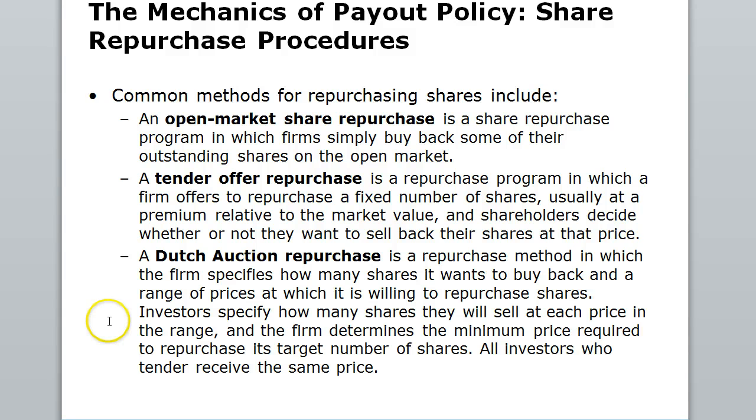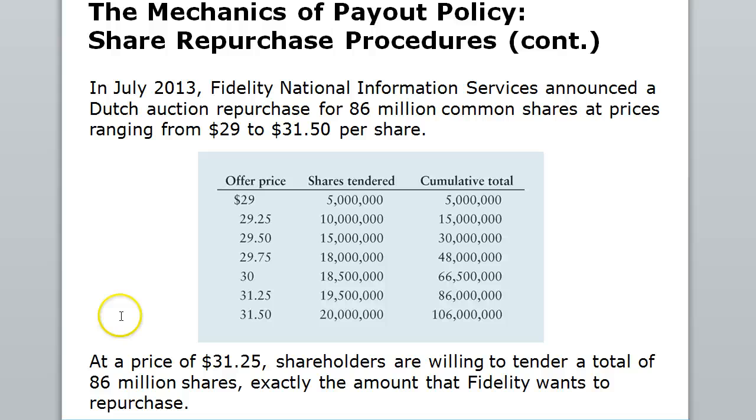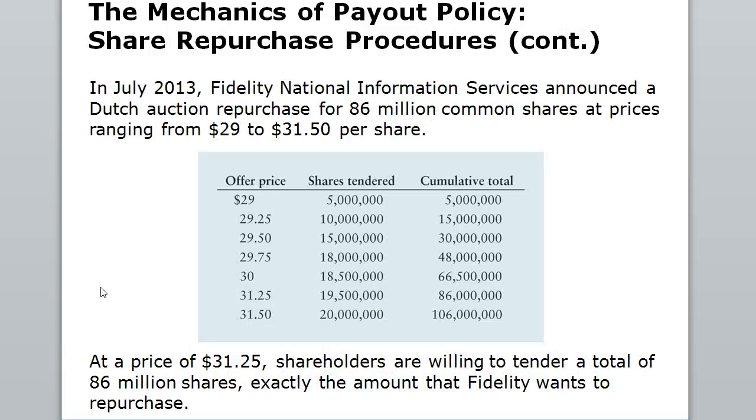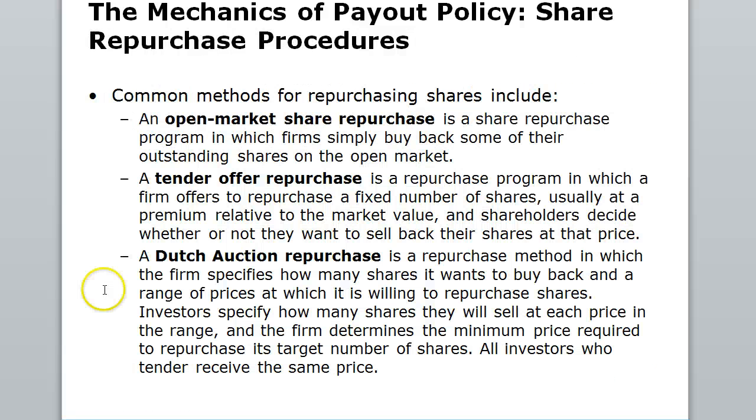Now, a Dutch auction repurchase is the least common method, but basically the company sets a range, and then you bid on the shares you want to sell. Maybe this would show the mechanics of it.